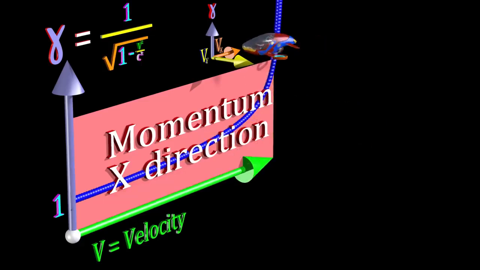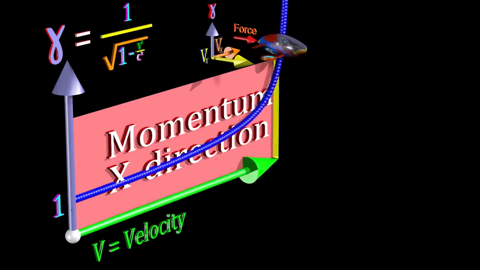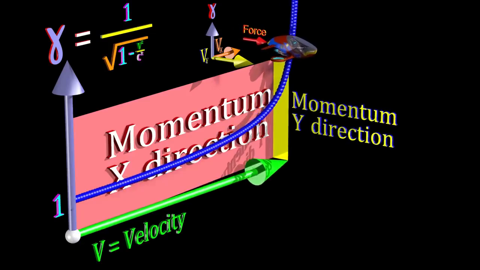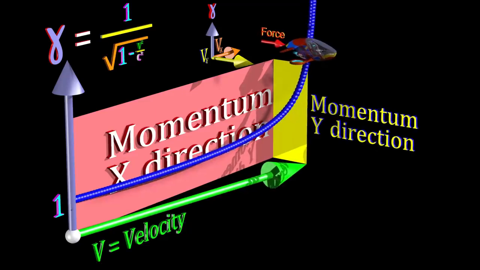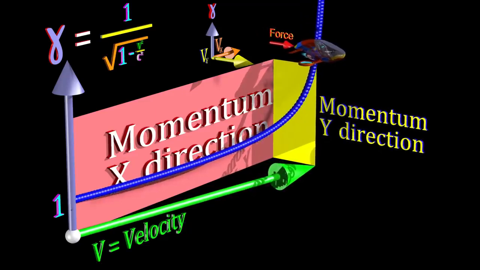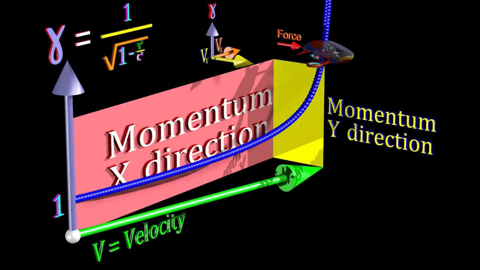Since the magnitude of the force is the same as before, the area of the yellow rectangle will change at the same rate as the red rectangle did previously. This means that the y component of velocity will change faster than the x component of velocity did previously.